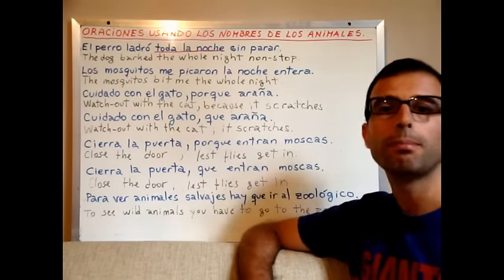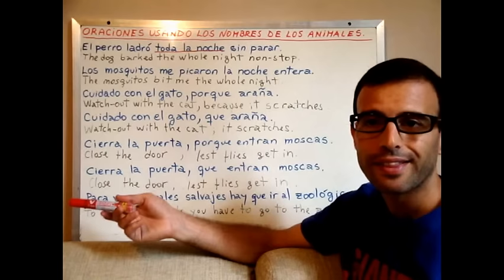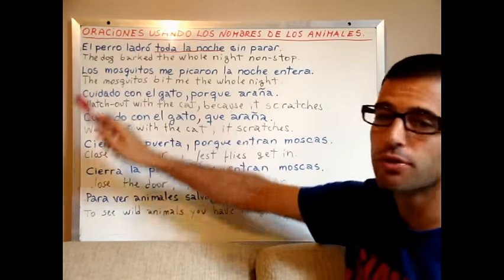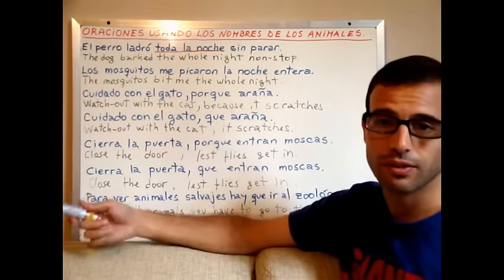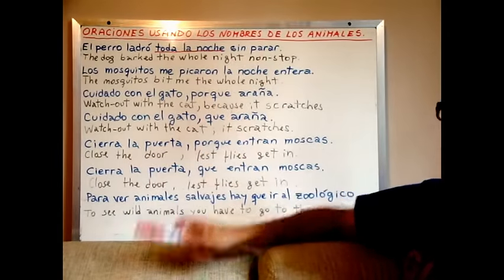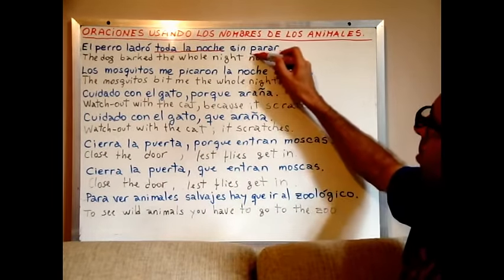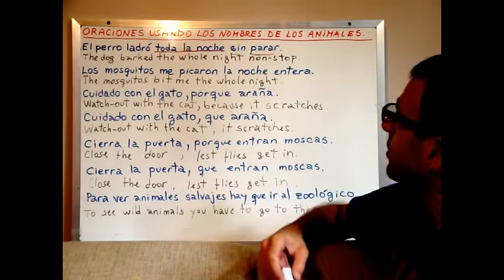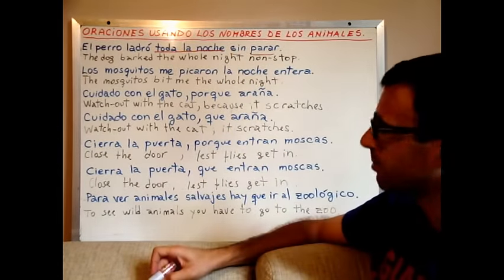Ladró is the simple past tense of the verb ladrar, which means to bark, and it is conjugated for the third person singular, for the it, right? The dog is an it or a he, right? Sin parar means without stopping. Parar means to stop. Sin means without, right? So we can translate sin parar as non-stop.